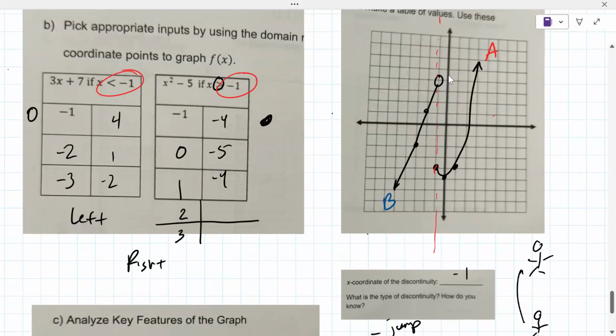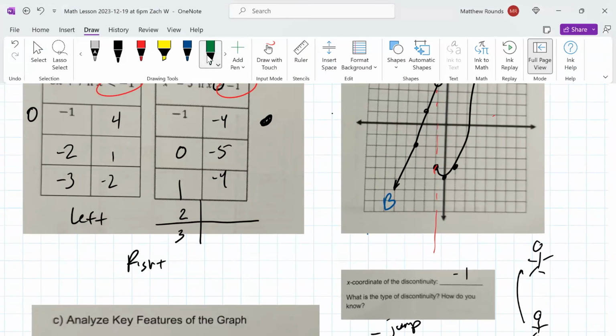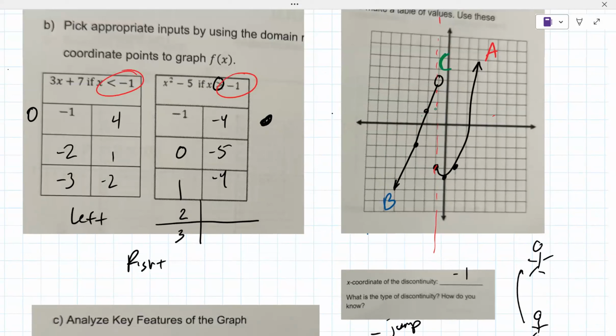So as it approaches, we got to switch, it's this C, and then it's a D. So maybe they just want it in words. So you just would say as it approaches from the left, from the right. Not really sure what they want there. So like as it approaches from the left, it goes positive, and as it approaches from the right, it goes negative. Yeah, that'd be fine.